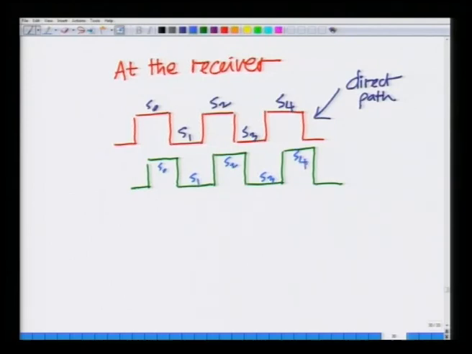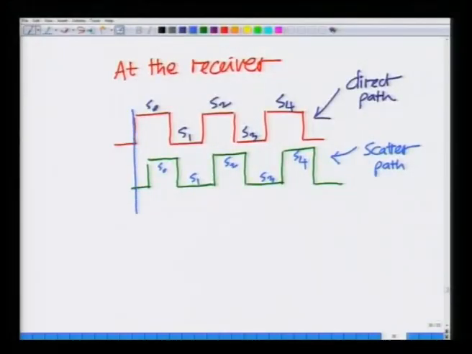Now, this signal corresponds to the scatter path. So, what I am saying is I have two paths. One is the direct path between the base station and the mobile, that is giving me a signal. Then there is also a signal copy, that is the same signal which is arriving at a slight delay that corresponds to a scatter component. This signal is exactly the same as this signal, except that this copy is slightly delayed from this copy.